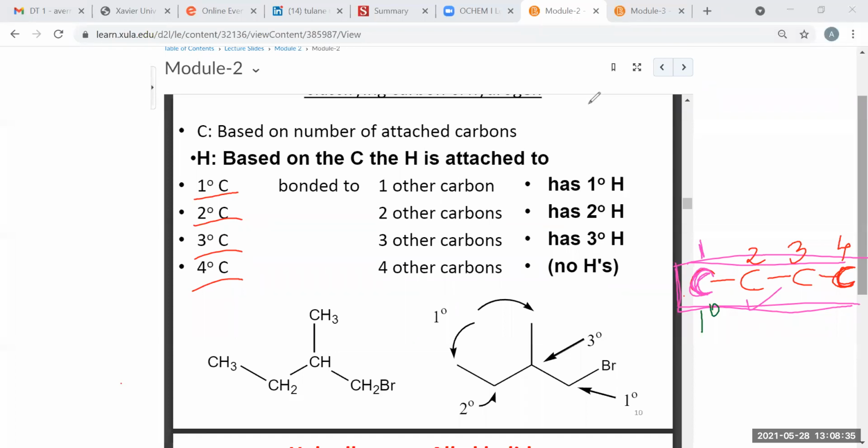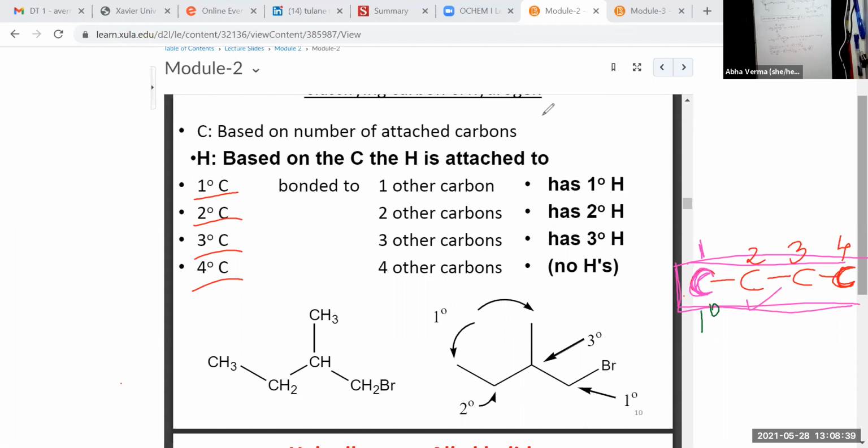Excuse me, I have a question. Please go ahead. Yes, go ahead, Yana. I was trying to figure out, for this, is it just simple memorization or is it application as well? This will be application also and memorization as well. So you will have to memorize that every time a carbon is attached to one other carbon, it will be a primary carbon.